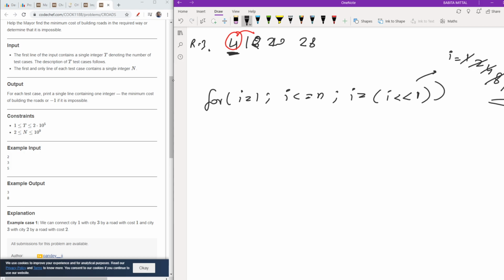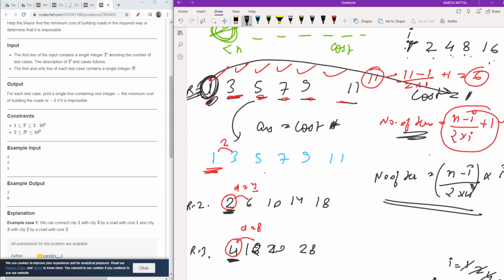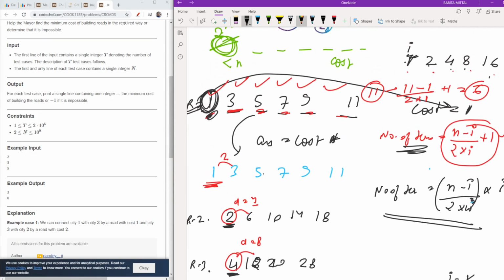It will do like this. Then I will add to my answer: answer equals answer plus (n minus i) upon (2 into i), into i. So it will have my answer for this. But okay, we are having our answer, but actually we are missing one thing. Okay, let me erase this.